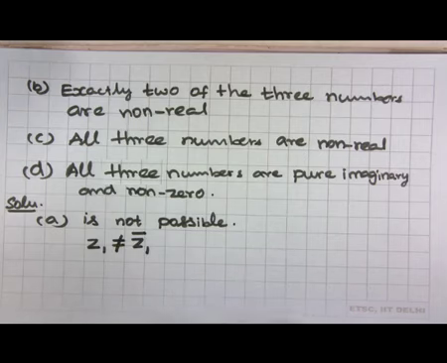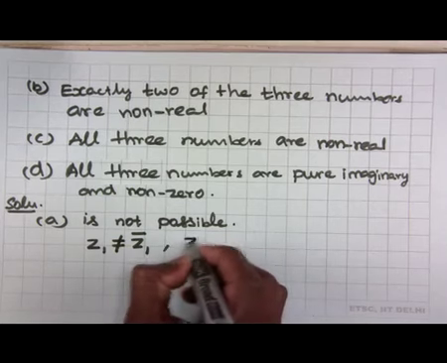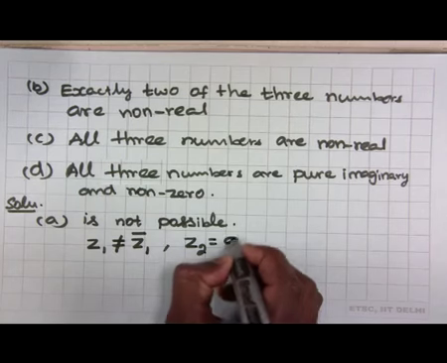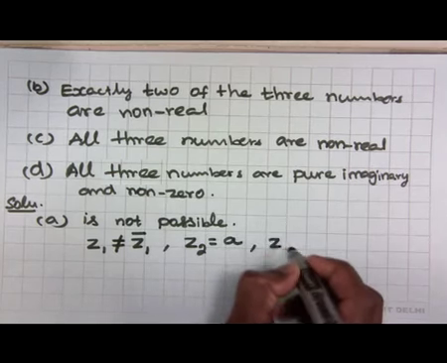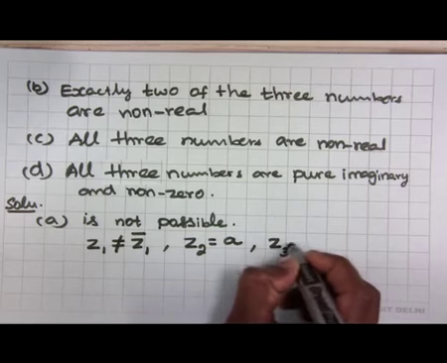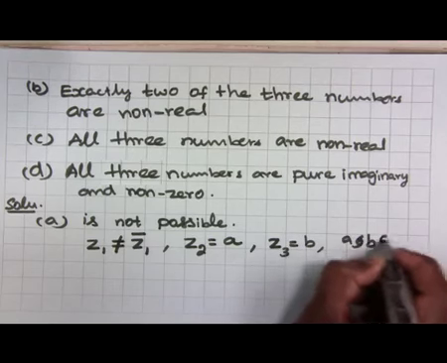That is, the imaginary part is not 0. And the remaining, say Z2 and Z3, we can basically choose as real numbers. Let me call them A and B, where A and B are from real numbers.